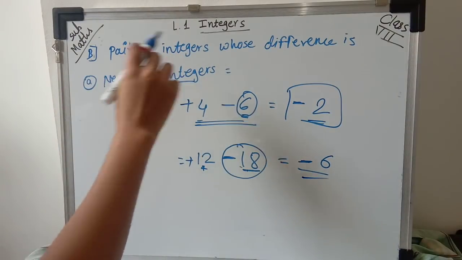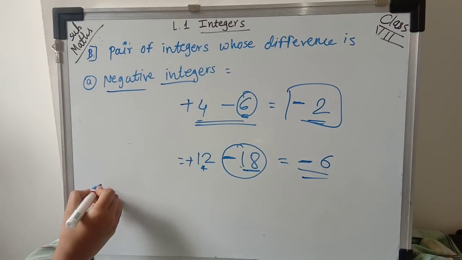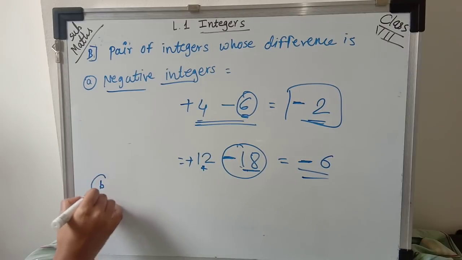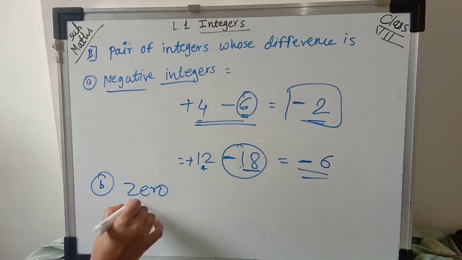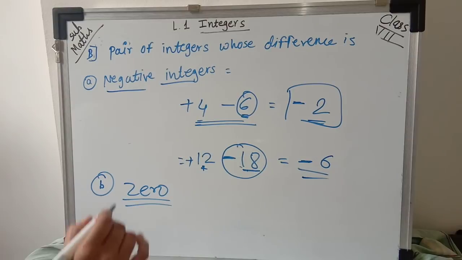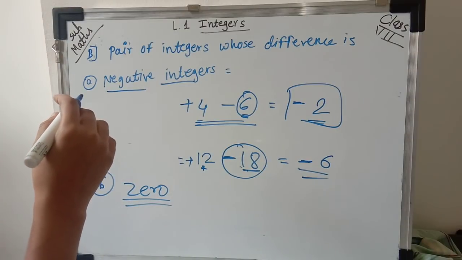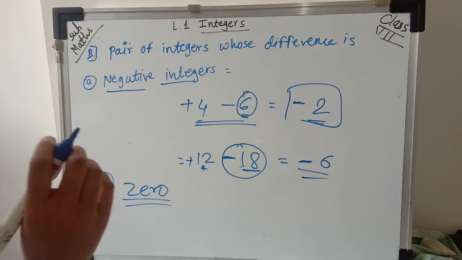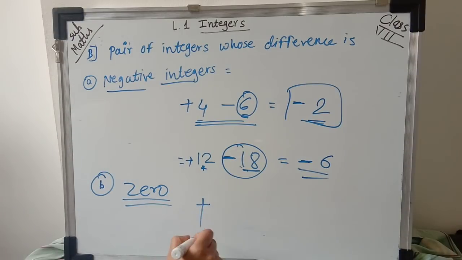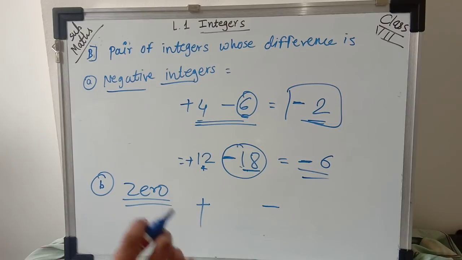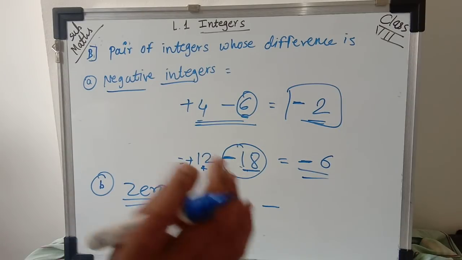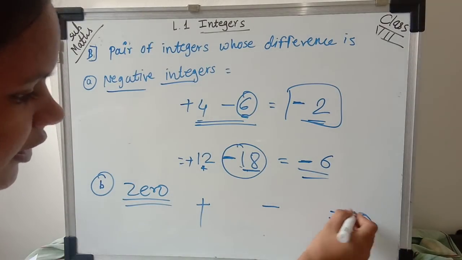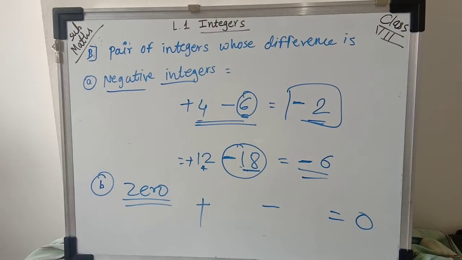Now let's see the pair of integers whose difference gives 0. The same thing you have to remember as when you are finding the pair of integers whose sum gives 0. Here again you have to take a positive integer and a negative integer, but the whole number of both the integers should be the same, and then you will get 0.